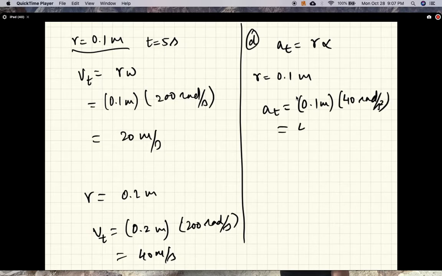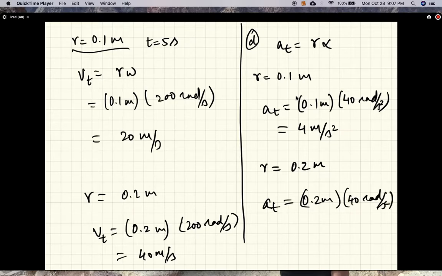So this is 4 meters per second squared. And the tangential acceleration for r equal to 0.2 meters is 0.2 meters times 40 radians per second squared, and this is 8 meters per second squared.